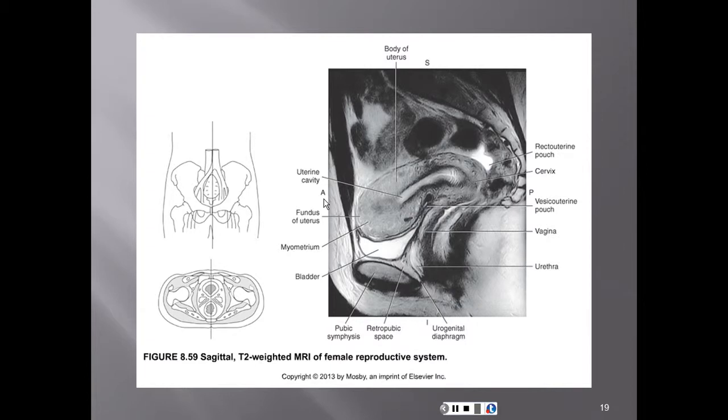The endometrium is the inner glandular tissue. The myometrium is the muscular layer, and the perimetrium is the outer layer, consisting of a serous membrane that covers the fundus and posterior surface of the uterus.